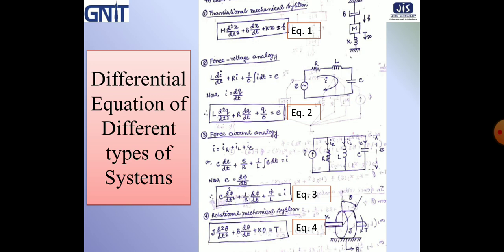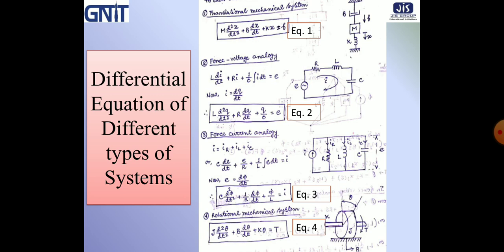Next, moving to our third topic, that is force current analogy. In this force current analogy, we have to take an RLC parallel circuit. We apply here a current, that is small i, and this small i is divided into three branches in R, L and C, that is IR, IL and IC respectively.